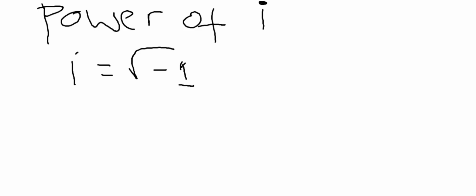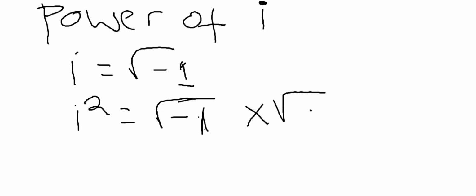So if you are given i squared, it means we have the square root of negative 1 multiplied by the square root of negative 1, and when you follow the rules of surds, you find that it is equal to negative 1. So i squared is equal to negative 1. This is one thing that you should know.